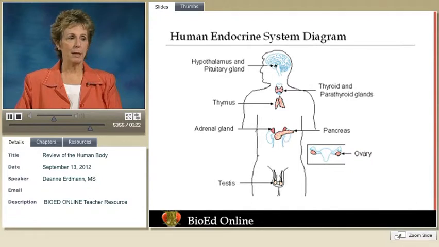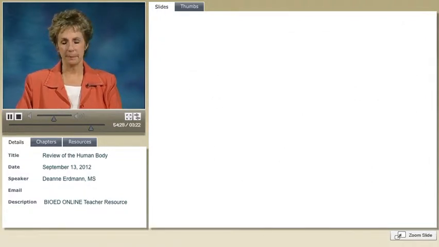You have the thyroid gland, which is important for growth and metabolism, the parathyroid, which is involved in calcium regulation, the thymus gland, which is involved with immunity, the adrenal gland, our stress response, the pancreas, glucose regulation and levels, and of course the ovary and the testes are important for gamete production. It's very important to remember that the endocrine system plays a vital role, along with the nervous system, in homeostasis, in maintaining that steady state within the body.